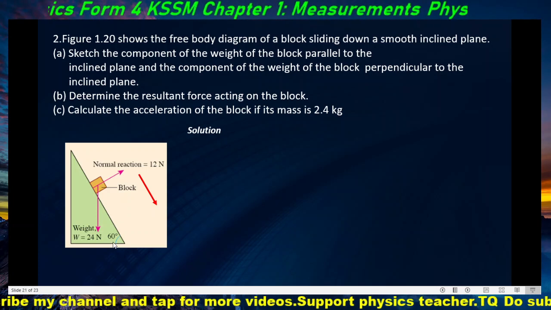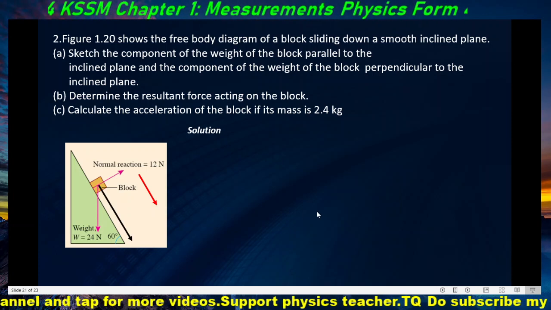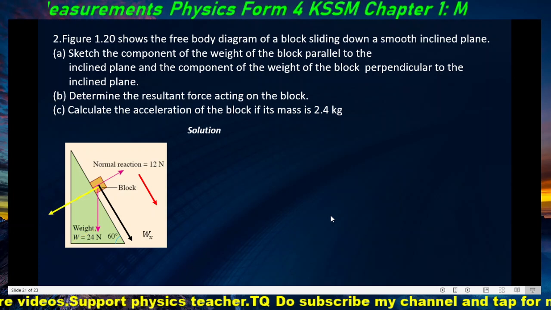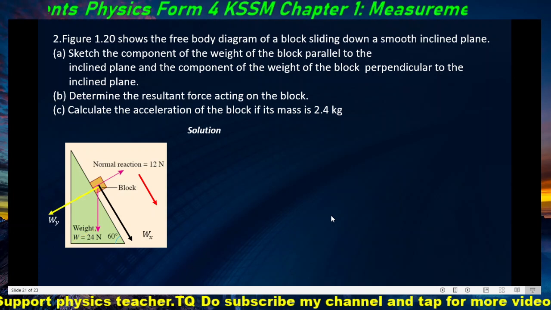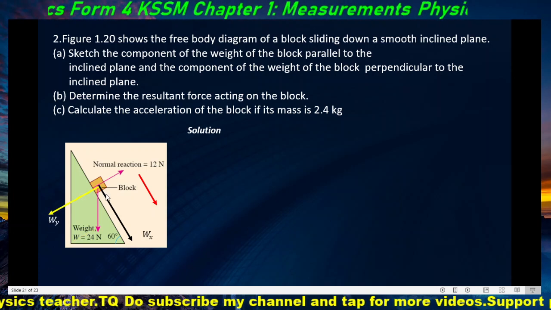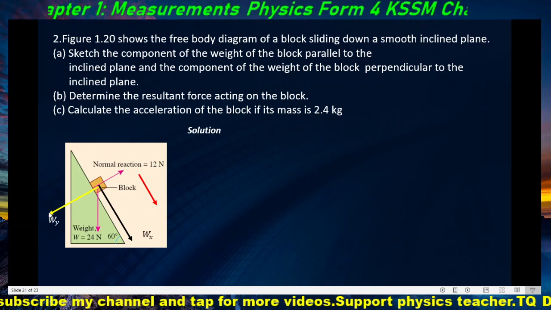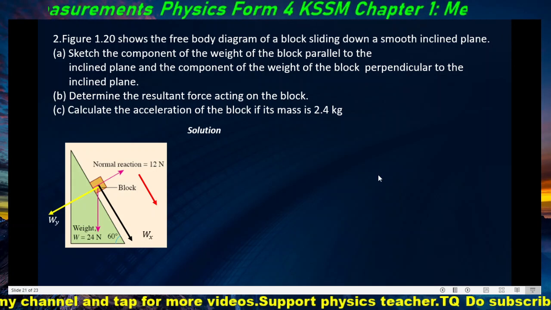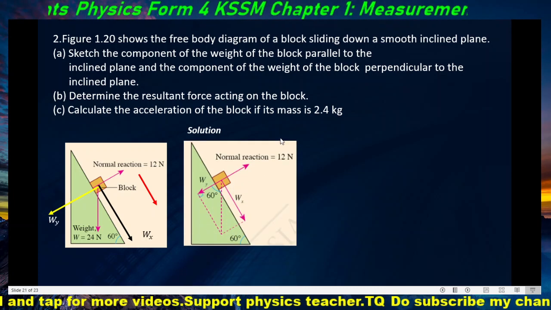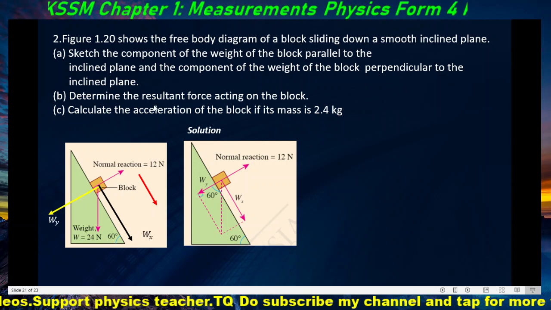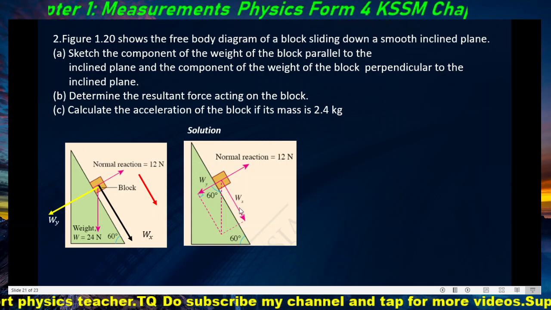Inclination angle 60 degrees. Okay, these are the components of weight: parallel to the plane Wx, perpendicular to the plane Wy. Now we want to solve question 2b. Determine resultant force acting on the block.